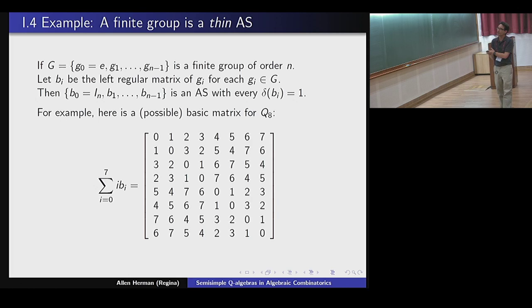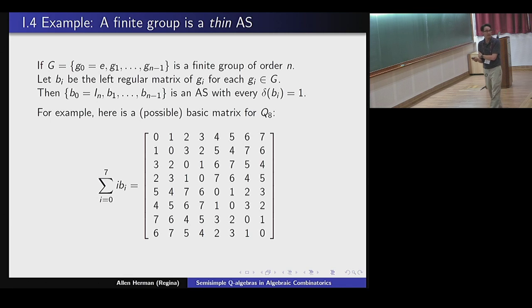And you do that, you get a non-overlapping set of 0,1 matrices, and the valency of every element is 1. So in that case, you call it a thin association scheme. So groups are just thin association schemes. And group algebras are adjacency algebras of that kind of association scheme.